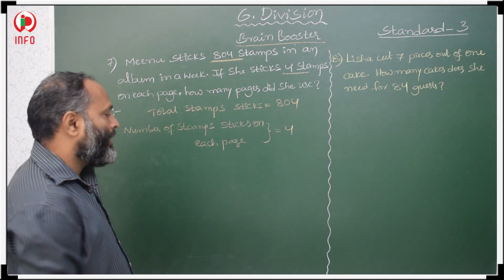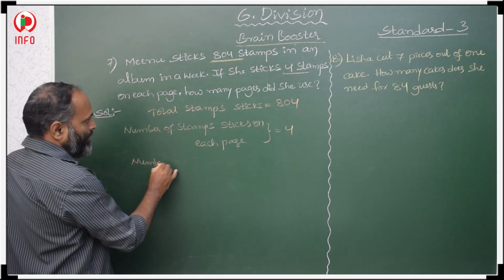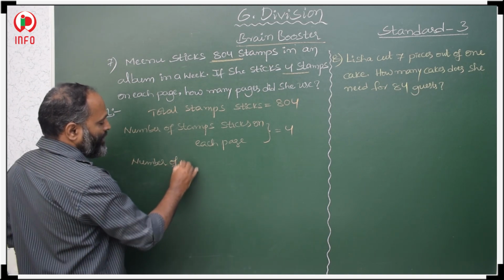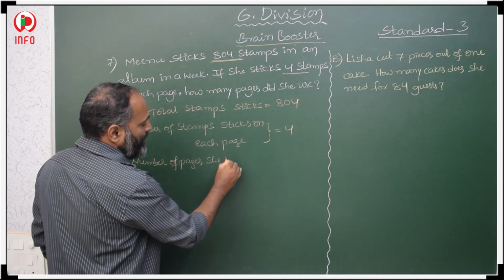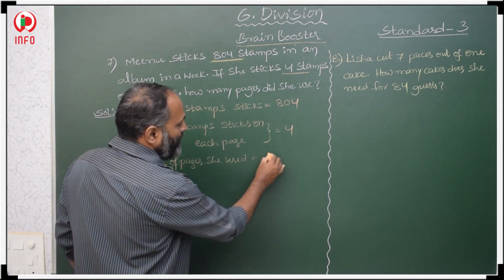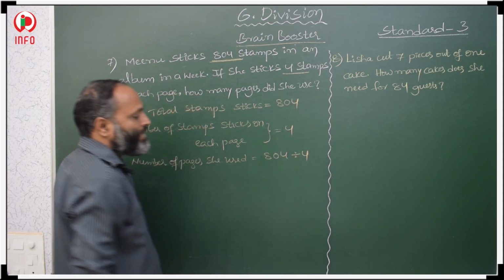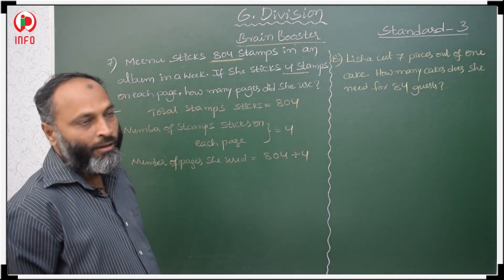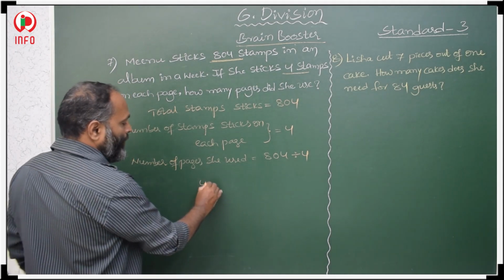Then number of pages she used is equal to 804 divided by 4. Total stamps divided by number of stamps on each page.